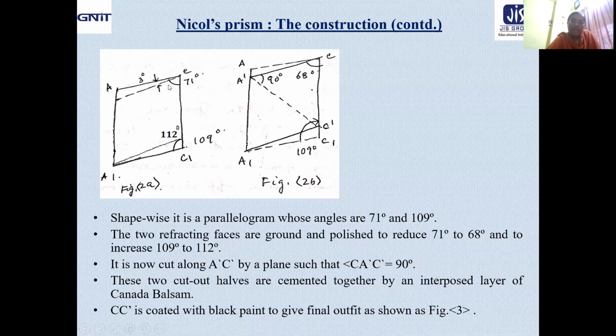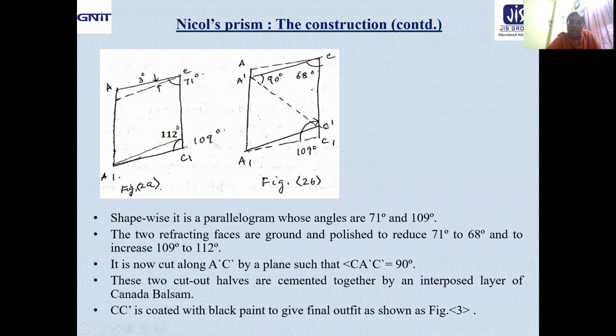Naturally, the angles are 68 degree and here the angle is 112 degree. That means here angle reduces by 3 degree, here angle increases by 3 degree. So the new shape of the parallelogram is A prime C, C prime A1.